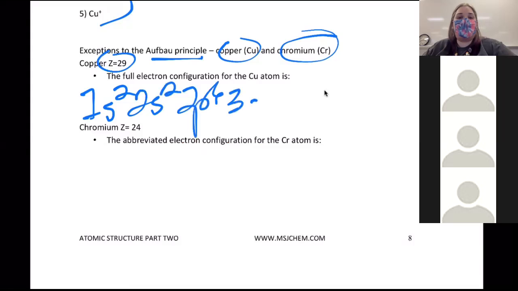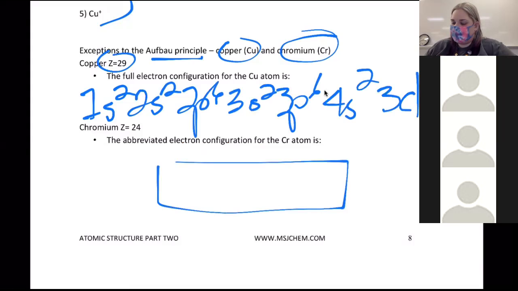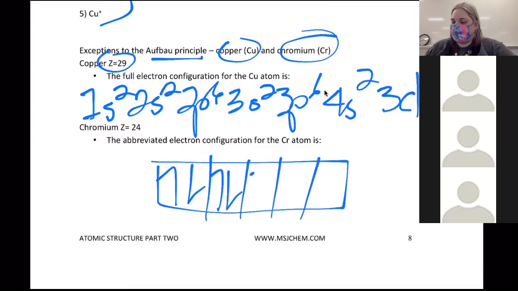That's how you would write it if you were following the Aufbau principle. That gives me 29. However, if you look at what the D would look like, we'd have this last orbital in the D be half full because it will only have 9 electrons.